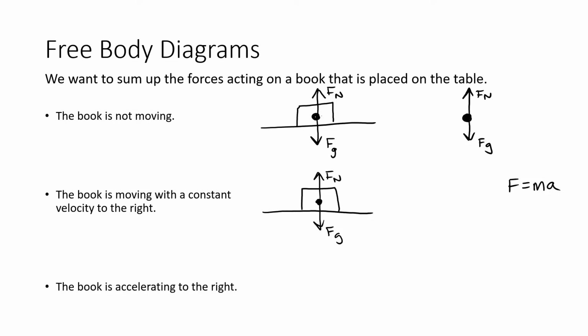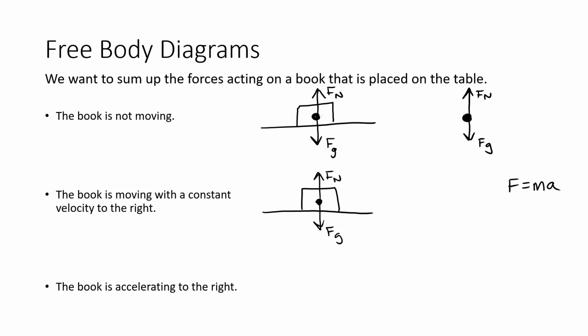Okay, and the last one, the book is accelerating to the right. So the book, we got this track thing. We have this cart, and it starts out slow, and it gets quicker and quicker as it moves to the right. So it is accelerating that way.